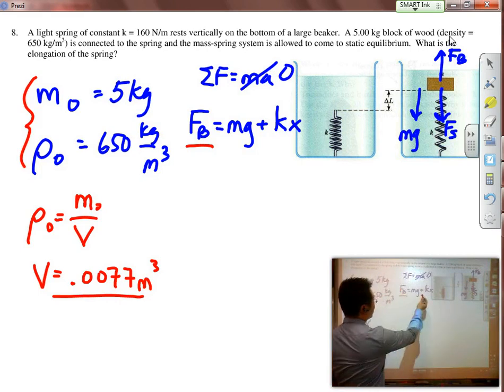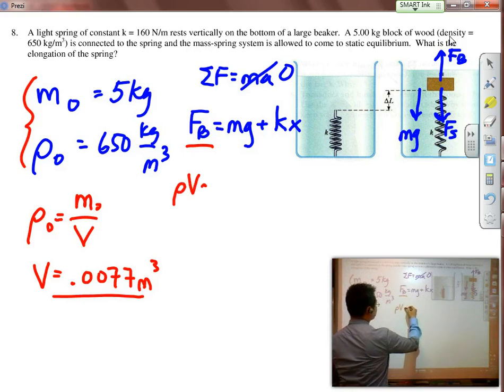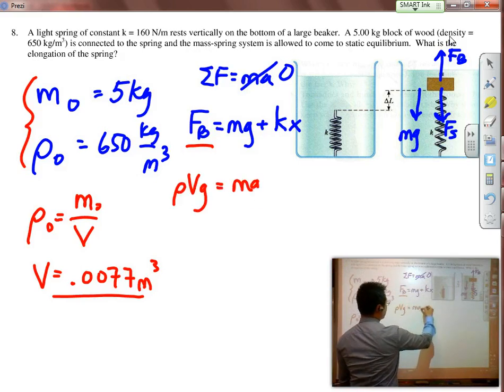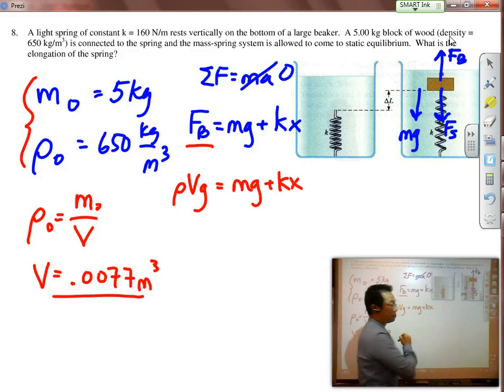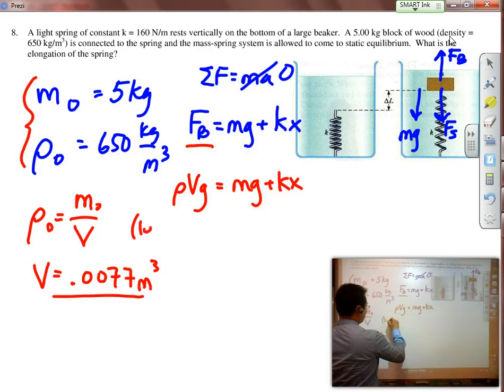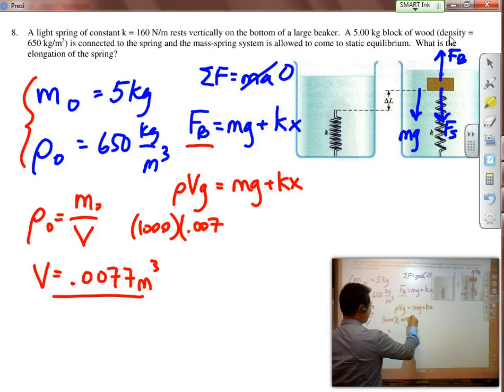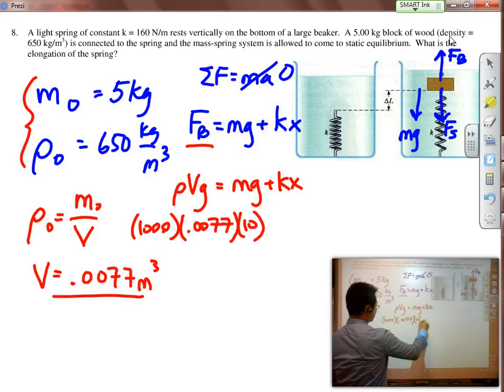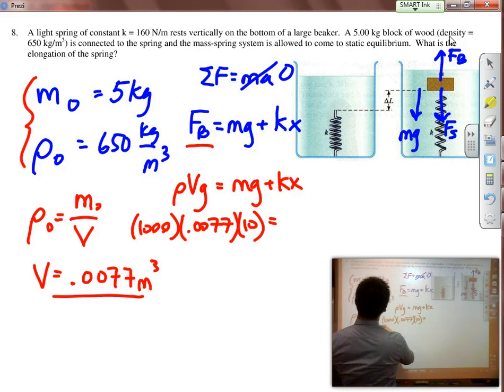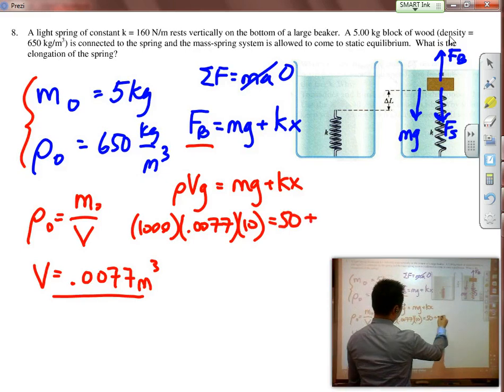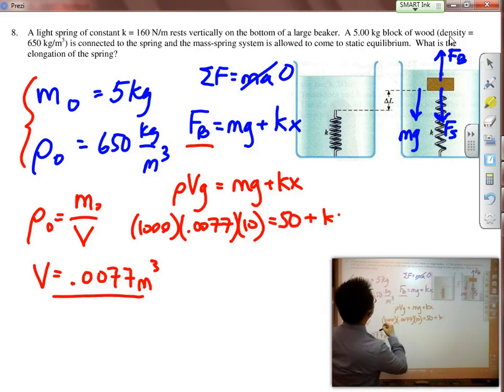So FB equals mg plus kx, so FB is rho Vg equals mg plus k times x. So we would end up with 1,000, I'm just going to leave out units here in the interest of space, times 0.0077 times 10 is equal to, well, mg would just be 50 plus k times x.